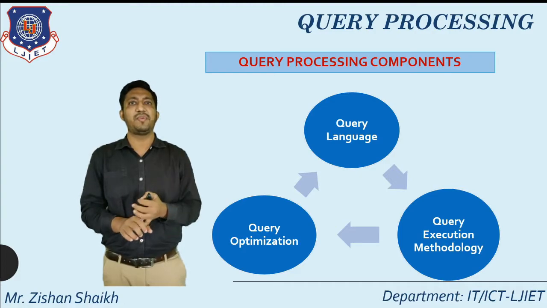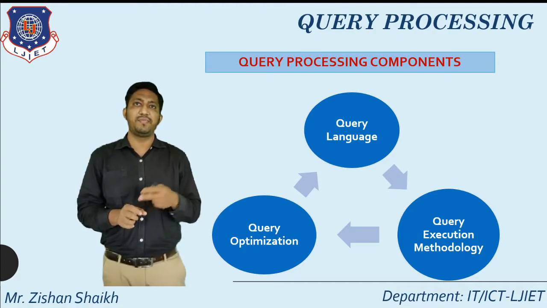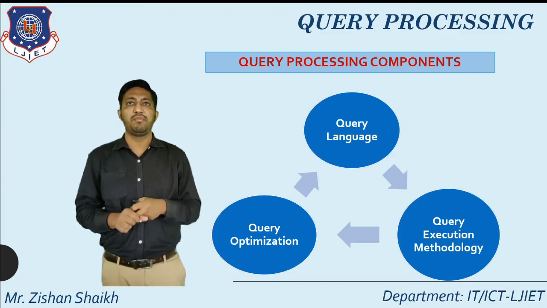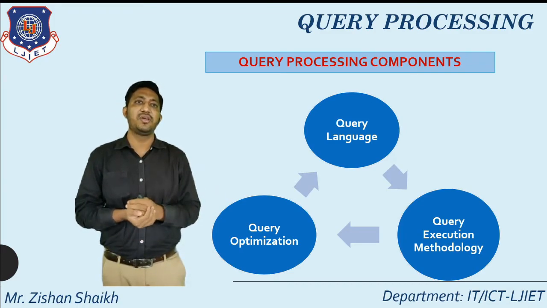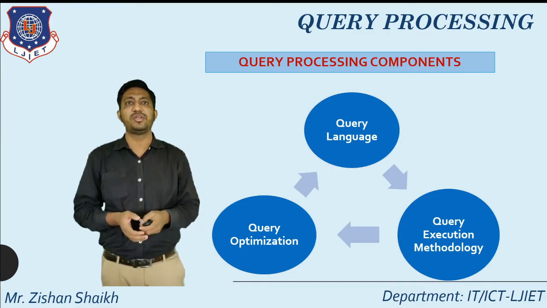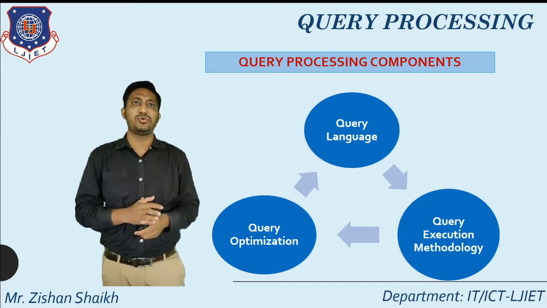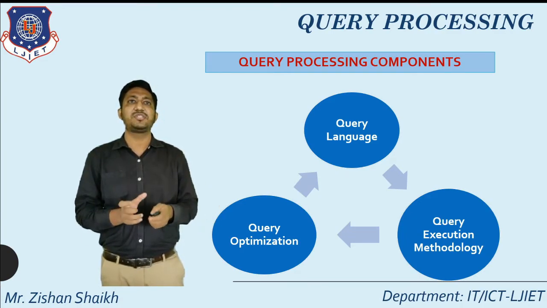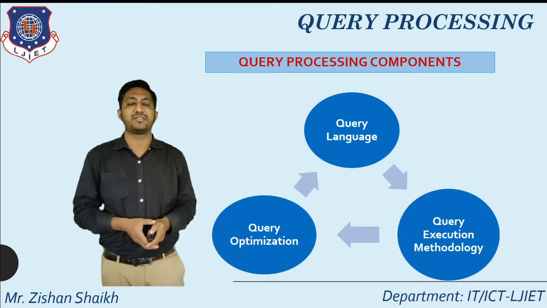From query optimization, it will choose one alternative that takes the minimum time to execute. But for that execution, which methodology is used will be the third part. So if any query processor is parsing a query, then it must follow these three parts.